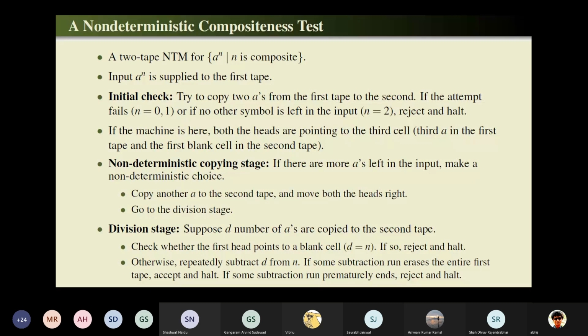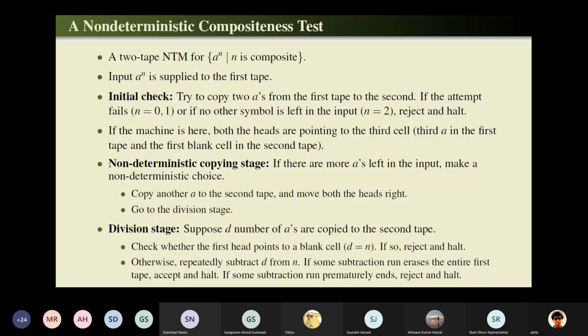And that division will succeed. It will say yes. But even if n is composite, there may be other choices of d which are not actually divisors of n. For those, it makes a division, finds that n is not divisible by d, and says reject. That doesn't matter.